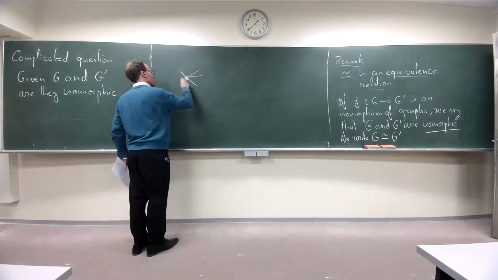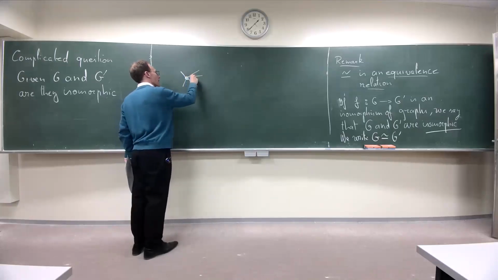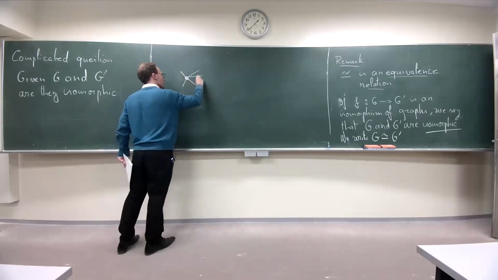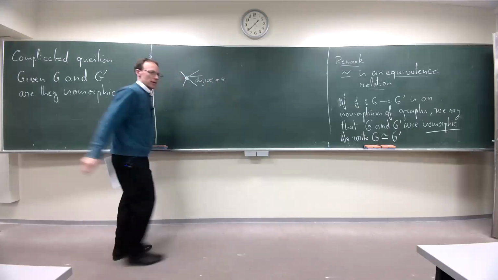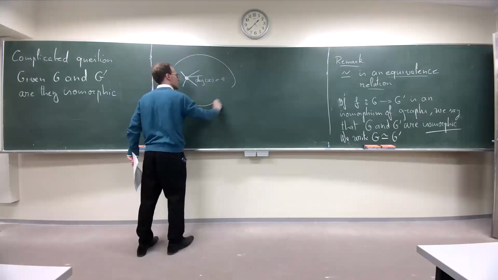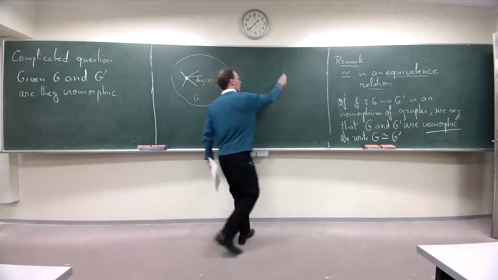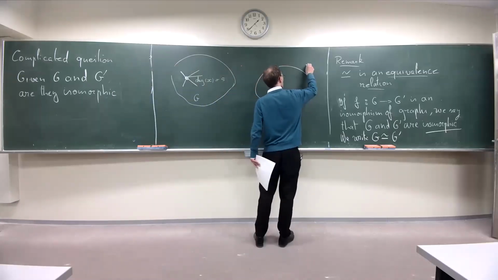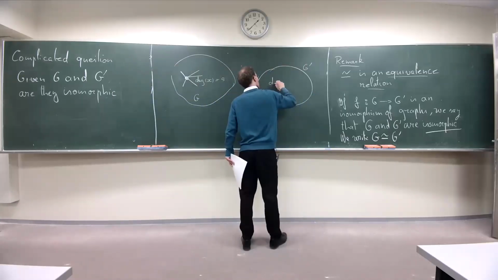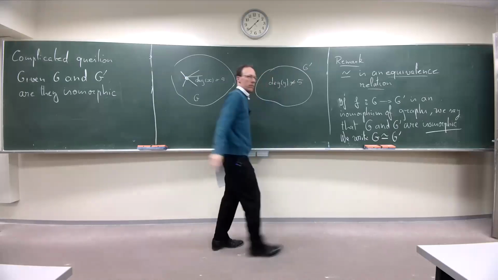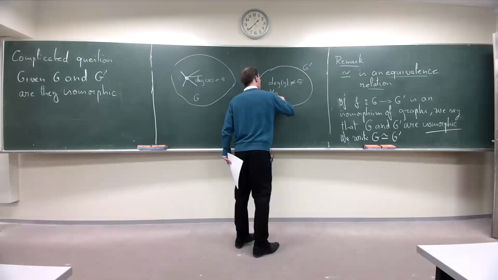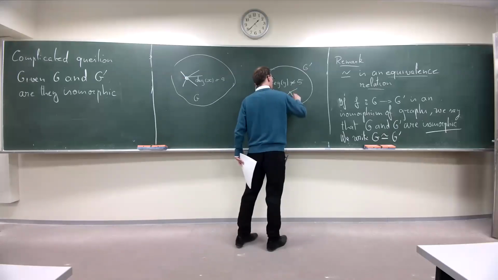Suppose you have a complicated graph, and you have a point x whose degree is 5. And suppose you have another complicated graph, G prime, but the degree of any y is never 5. Suppose that there is no point with degree 5.